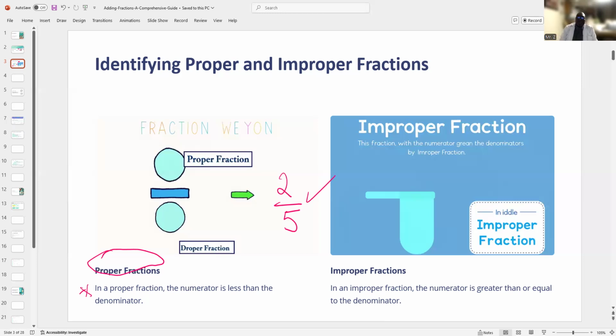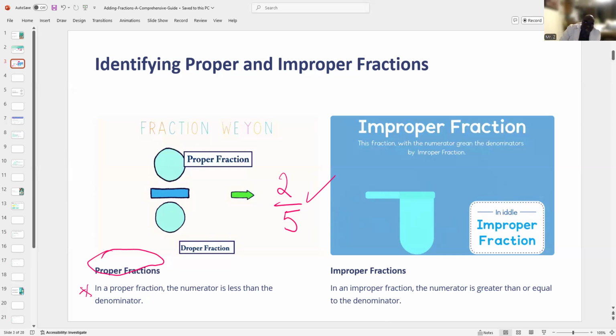Then we have what we call an improper fraction. What is an improper fraction? Now, the improper fraction is the opposite, when the numerator is greater than or equal to the denominator. Did you hear that? Some books refer only to the numerator being bigger than the denominator, but they don't refer to the equal part.